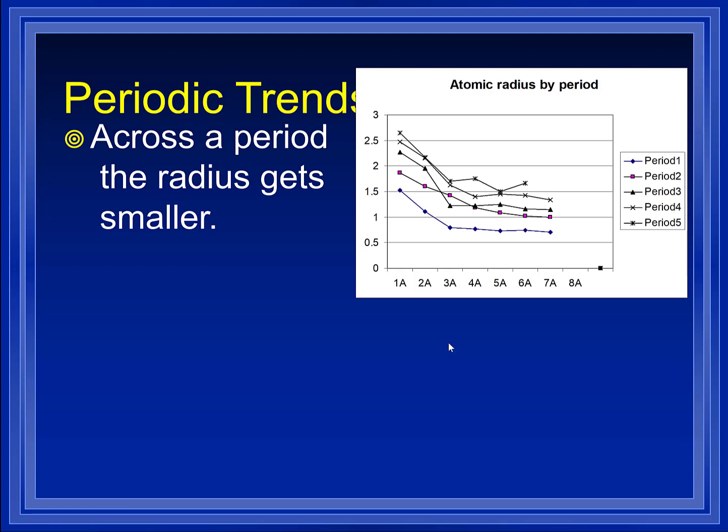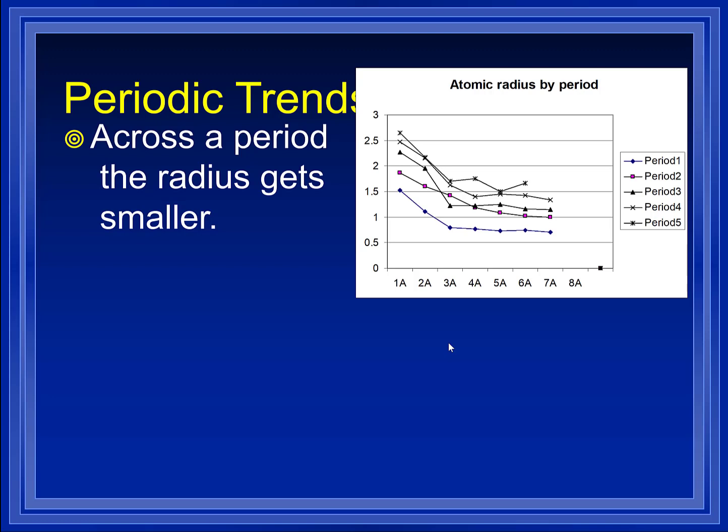So if you go across, and across for us is always left to right, the radius gets smaller. Why? Okay, so we're talking about a row, so it's going to be about nuclear charge, because the energy level is going to stay the same.